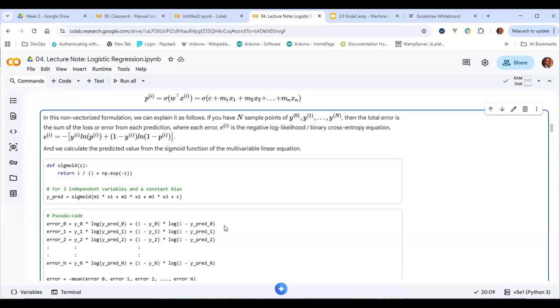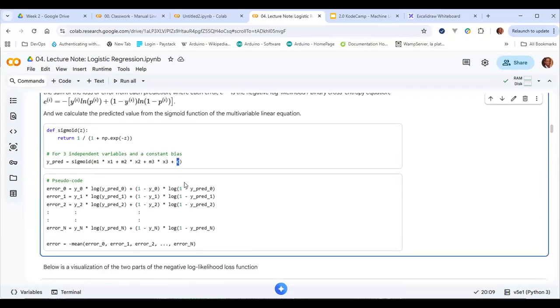So if you have to do a prediction with multiple values of X like this, you have M1 and X1, you have M2 and X2, you have M3 and X3, right? Of course, you still have the constant. So for this kind of situation, you are going to do a different calculation for each coefficient, each M1. First of all, for each of the data points, you calculate the error.